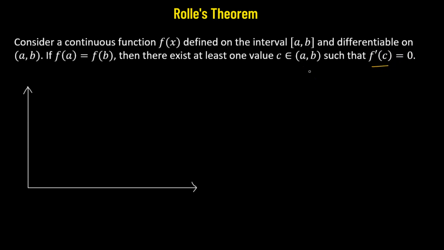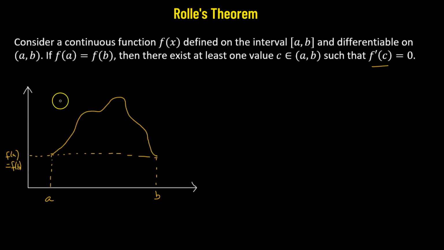What does it mean? So we have a smooth curve. This is our interval a and b. The only condition that we need to follow here is that the function has the same value, so f of a equals f of b.